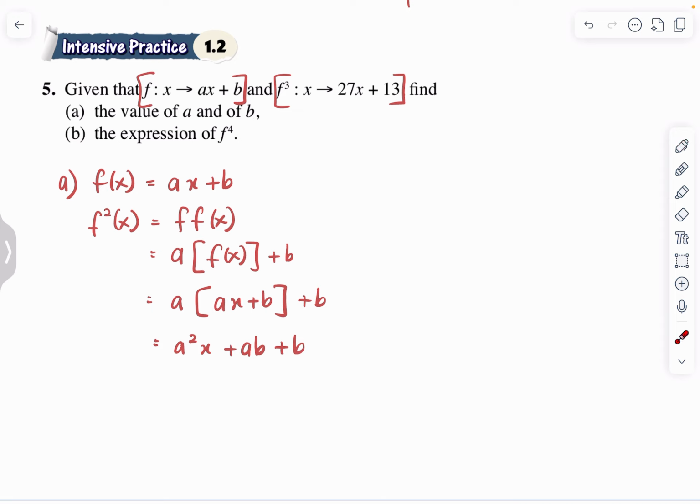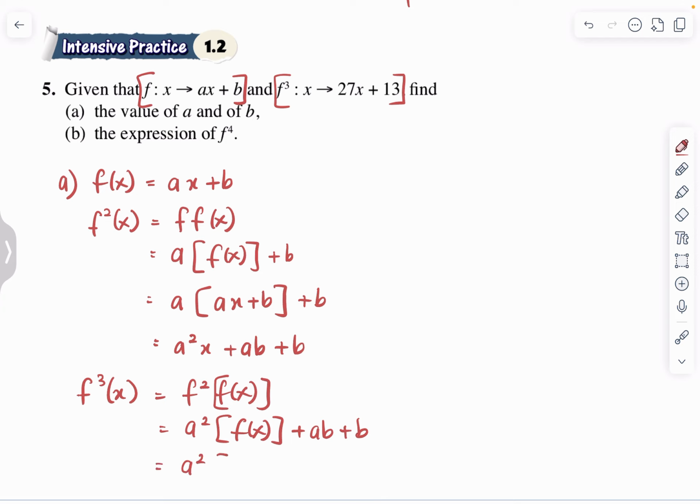We have to do the inception again. So f cubed of x will be f squared of f(x). So we know f squared of x is a squared x plus ab plus b. So f squared of f(x) would be a squared f(x) plus ab plus b.